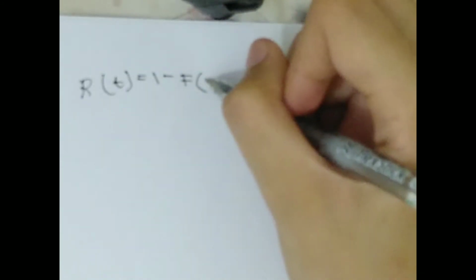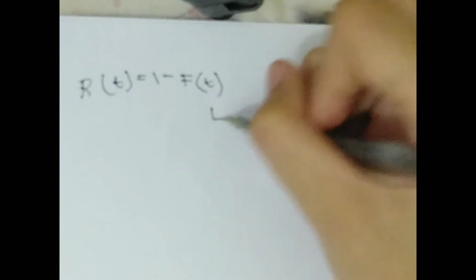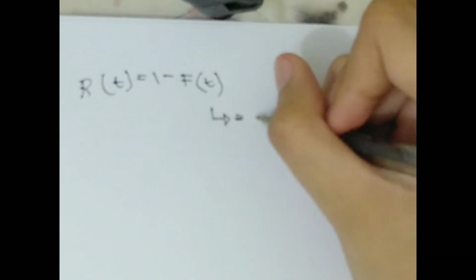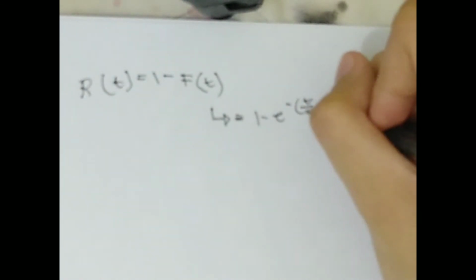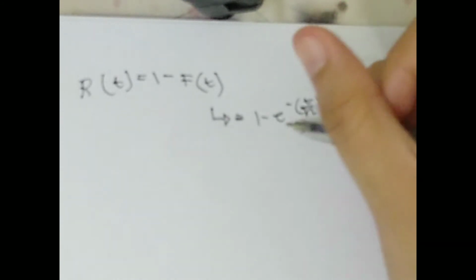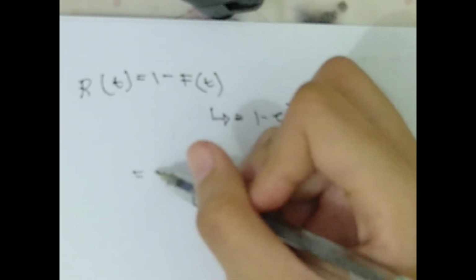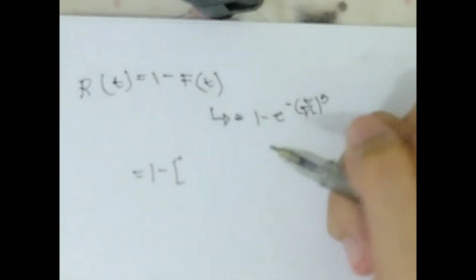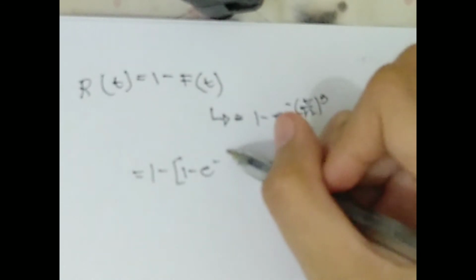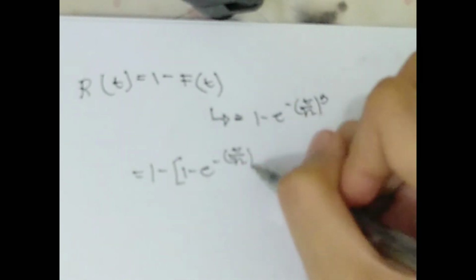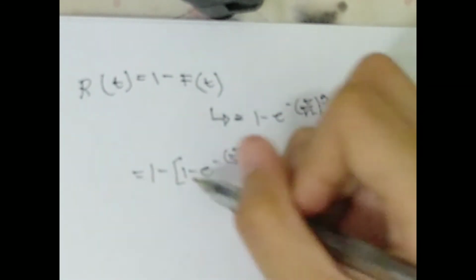Reliability at time t, R(t), is equal to 1 minus F(t). Since F(t) is equivalent to 1 minus e raised to negative (t over eta) raised to beta, substitute natin yung value ng F(t) sa equation 1 para makuha natin yung pinaka-equation ng R(t).